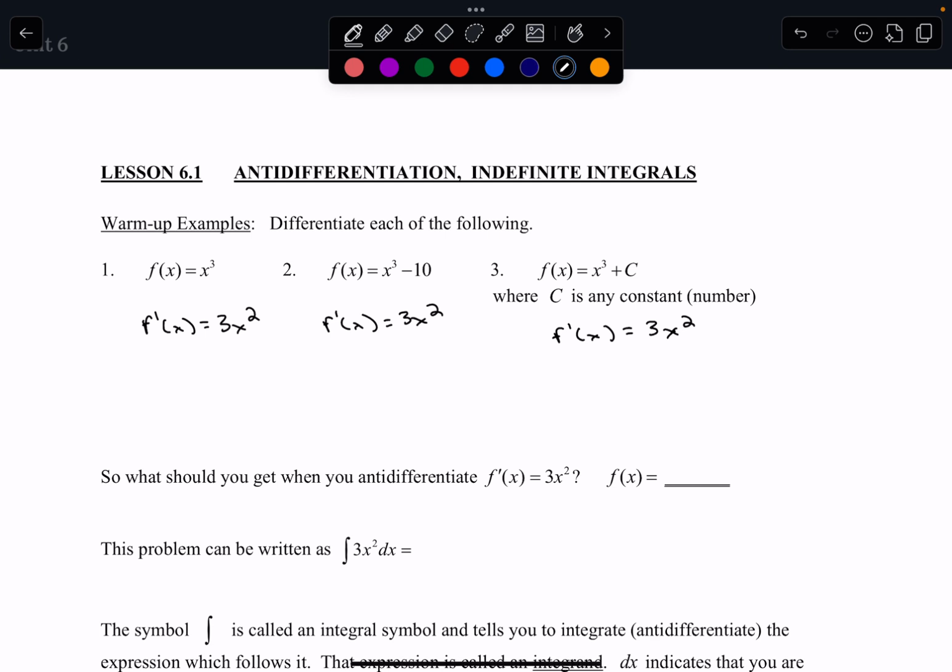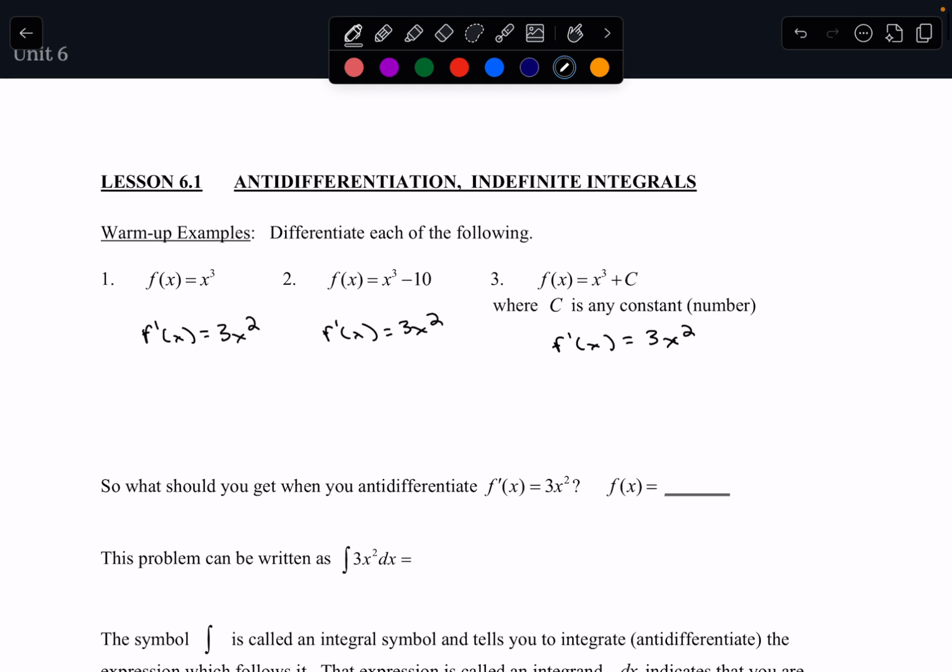So when we anti-differentiate, we add a constant at the end to make up for that possible constant that disappeared. This minus 10 disappeared when I took the derivative. This plus c disappeared when I took the derivative.